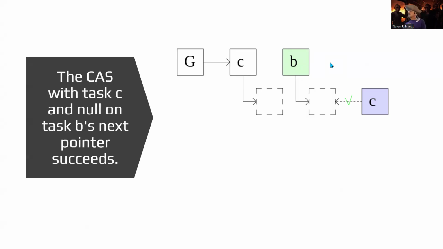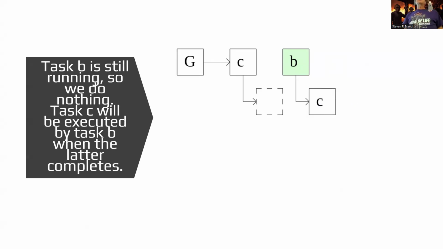This time it's going to succeed because B isn't done and B didn't put done in that field. It's still null. So the thread that put C in there, when it sees that it succeeded, is done. It said, I've queued my task. I'm not going to run the guard now because it's busy, but I'm done.